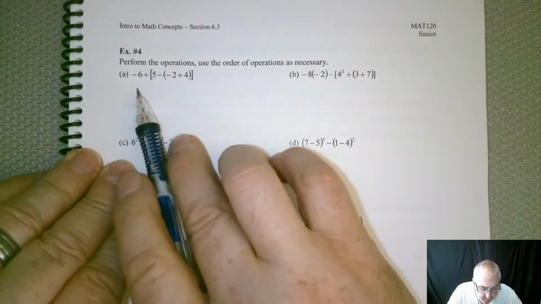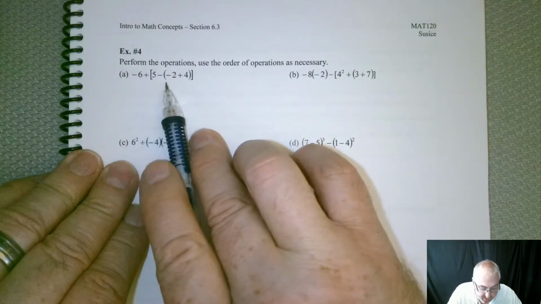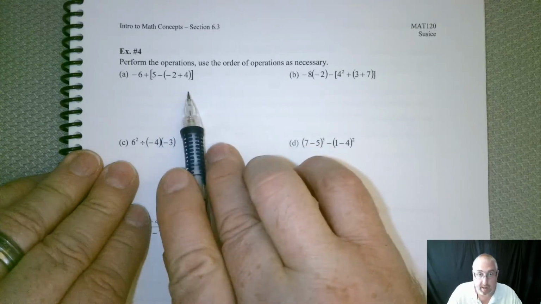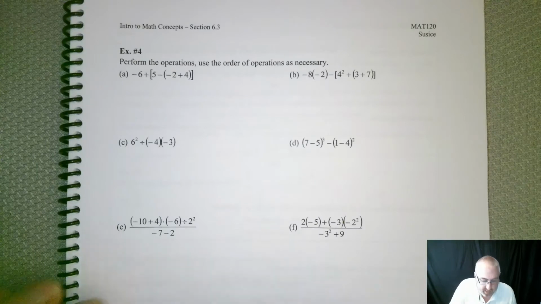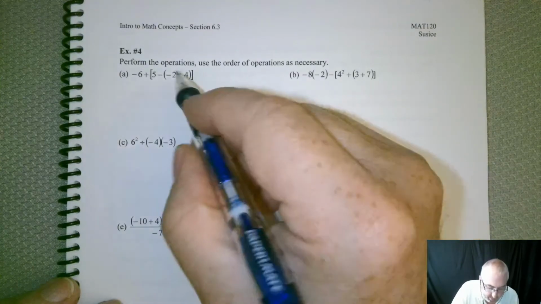The first one we see is -6 plus, we have a square bracket, 5 minus parenthesis, -2 plus 4, close parenthesis, close bracket. All right, so where do we start? Anytime there are clusters of grouping symbols, start with your innermost set. So in this case, we want to start with the -2 plus 4 and break that down.